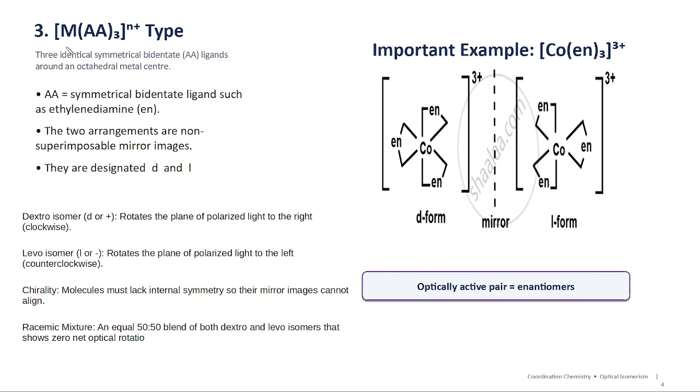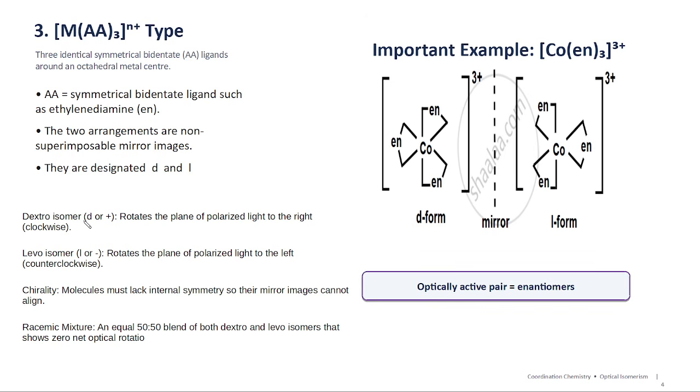Next, see the first one, MAA3 type. MAA3 means a symmetrical bidentate ligand. The example is tris(ethylenediamine)cobalt. Here, when the compound is placed in plane polarized light, it rotates in the clockwise direction.